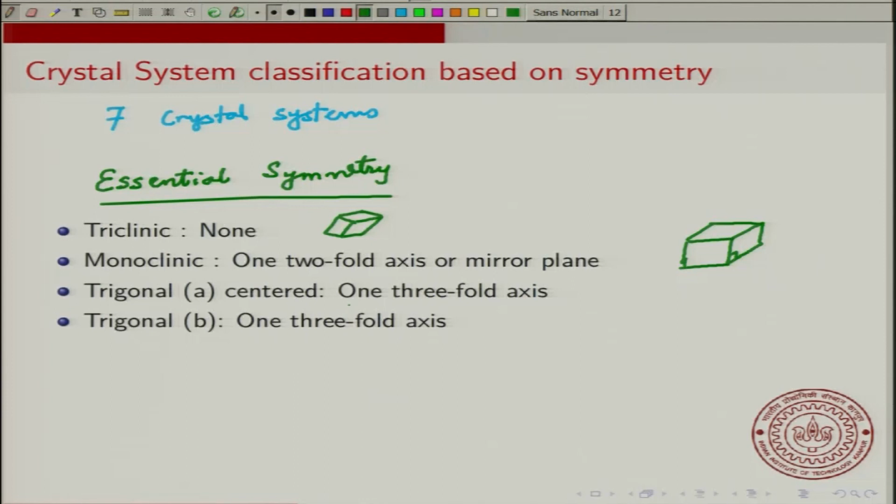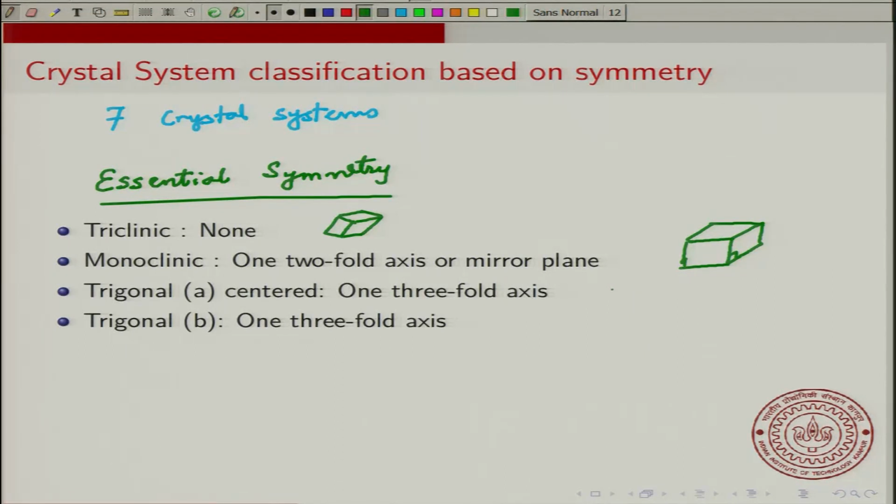Then there were two trigonal systems. Trigonal systems are characterized by a three-fold axis, and we'll look at the exact conditions on the trigonal systems later.